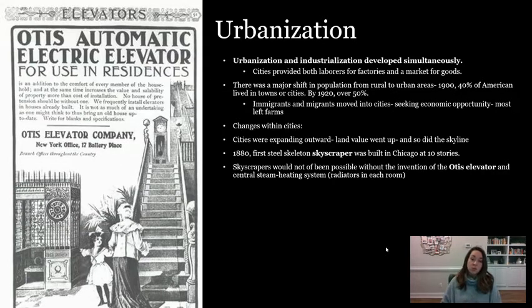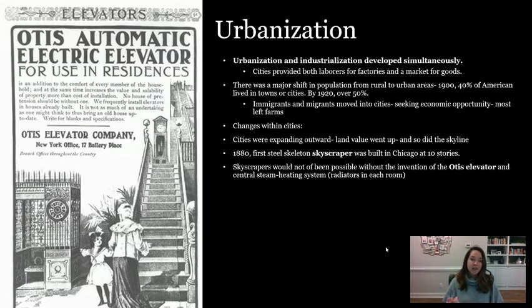With the invention of the Otis elevator, and also with the ability of steel to provide more stability, the buildings were stronger, so you could now go up 10 whole stories, which was very tall back then.